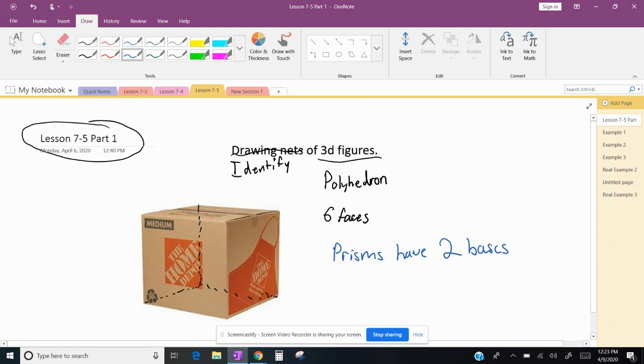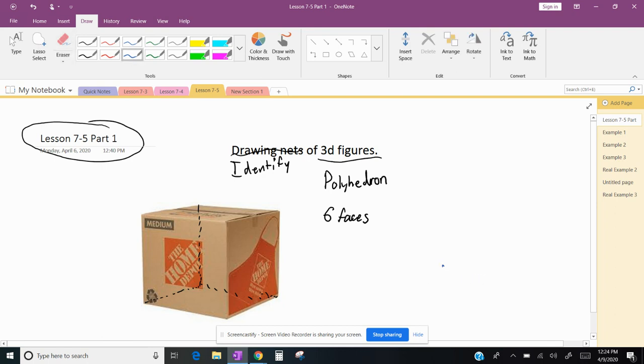Okay. This prism is called a rectangular prism. And we'll go more into that in a little bit. It's called a rectangular prism because its bases are rectangles. So 6 faces, and 2 of those faces are bases.